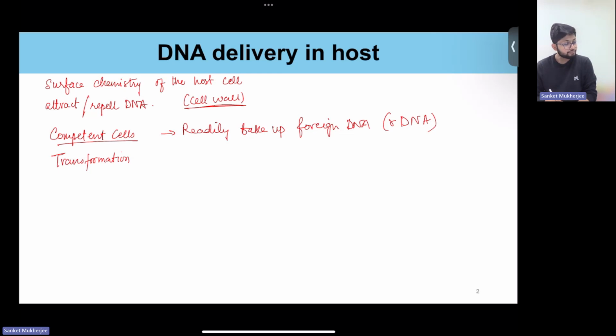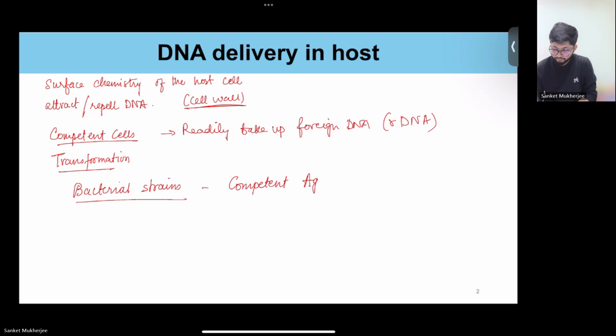Now, there are several agents which make a cell competent. So the bacterial strains and their corresponding competent agents are discussed.